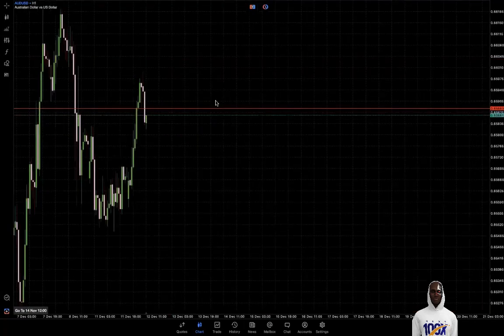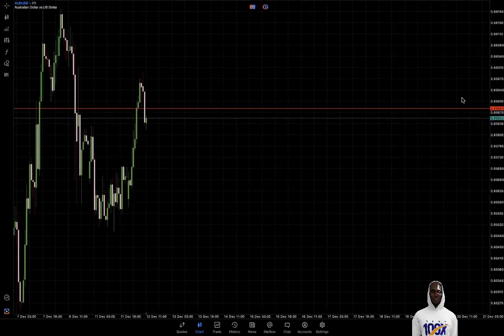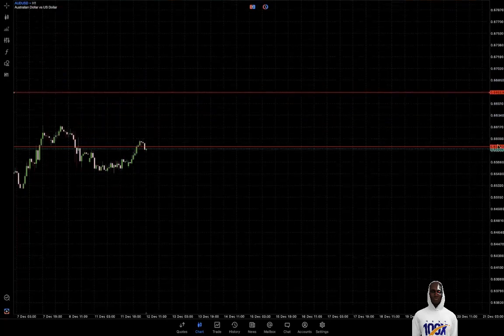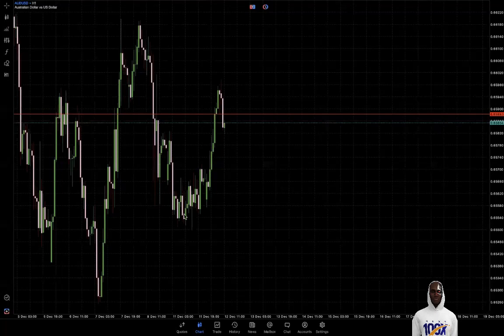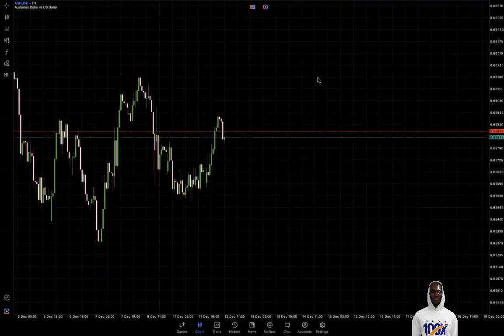So let's go down to the 1 hour time frame to put more clarity to what we are talking about. Now the 1 hour time frame is giving us a clearer picture. What clearer picture is that? It's giving us a picture of the bearish momentum that came in the last hour before this current one is forming now. We can see our price pushed down here.